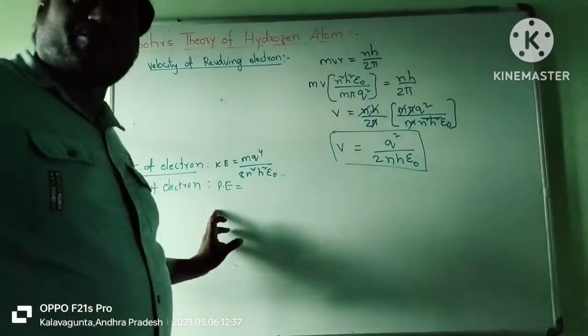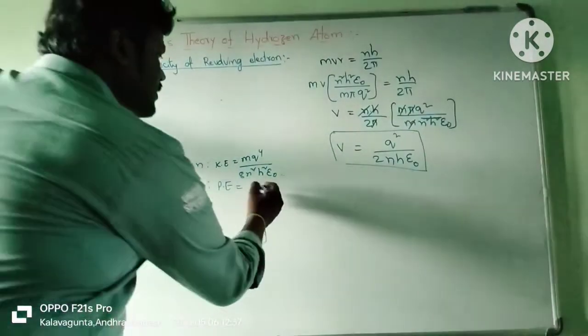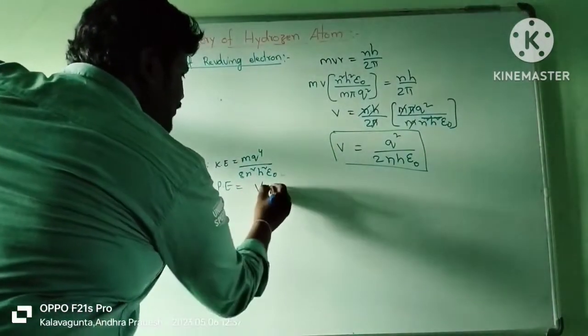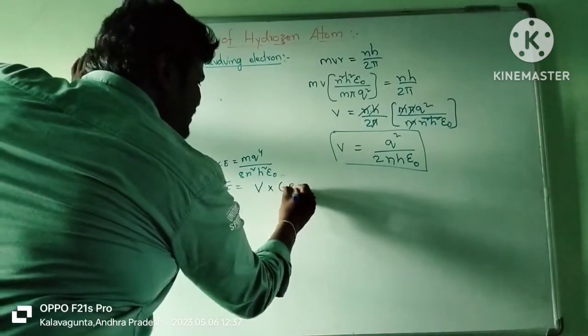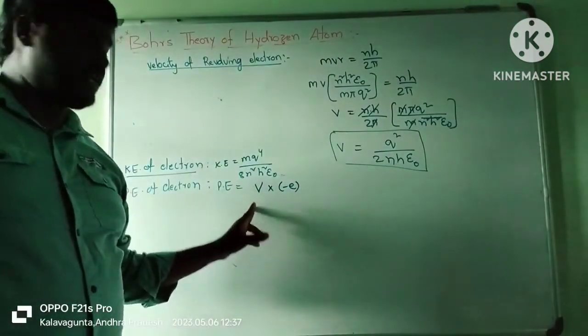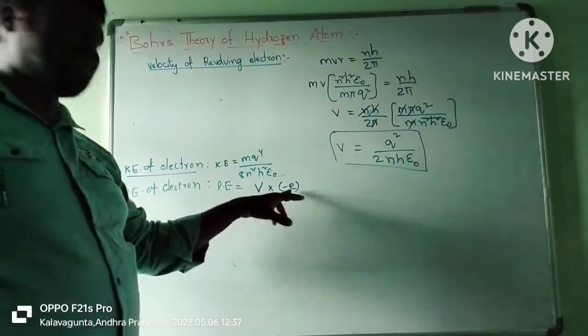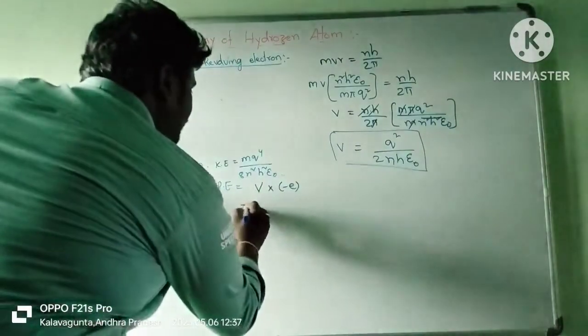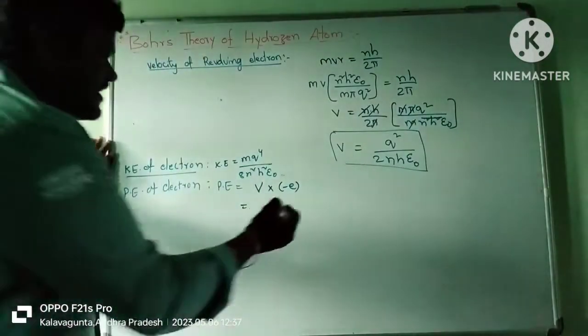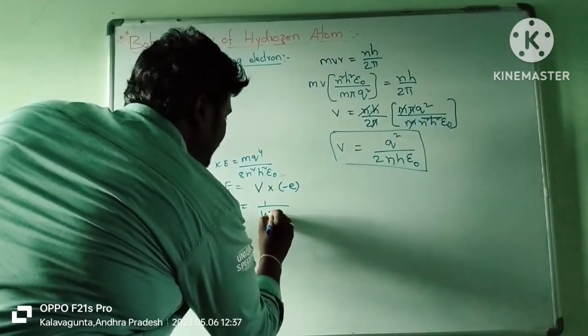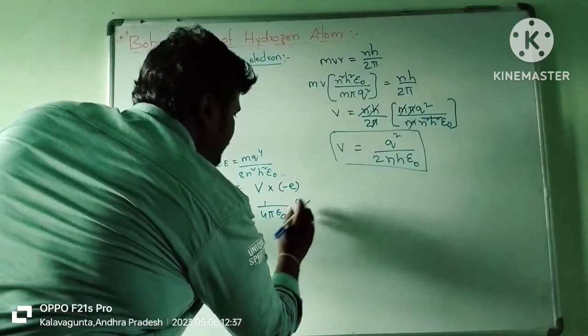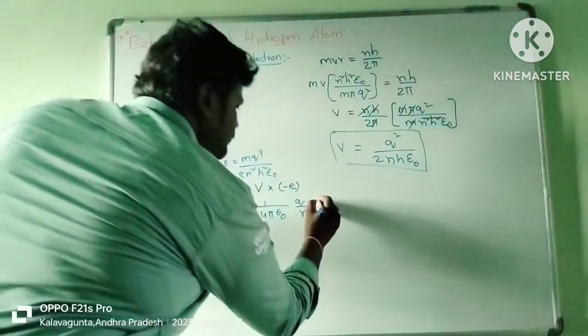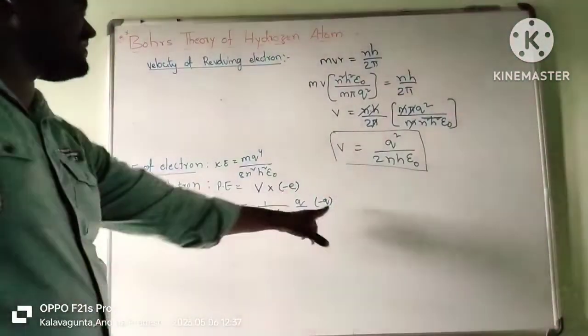Potential energy of an electron. That means the potential energy of an electron is V into minus e, where V is the electric potential for the charge of minus, that means the electron. Here V is the electric potential. The electric potential formula is 1 by 4 pi epsilon naught Q by R. Here Q is minus q, where the electron is considered as minus q.